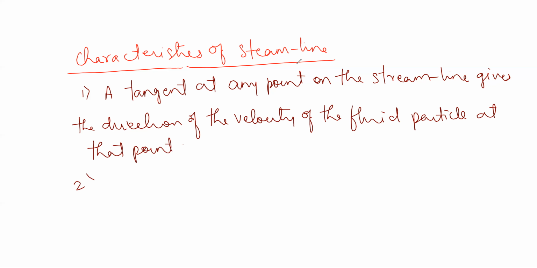So this is one of the characteristics of streamline flow. And second one, no two streamlines can cross each other.